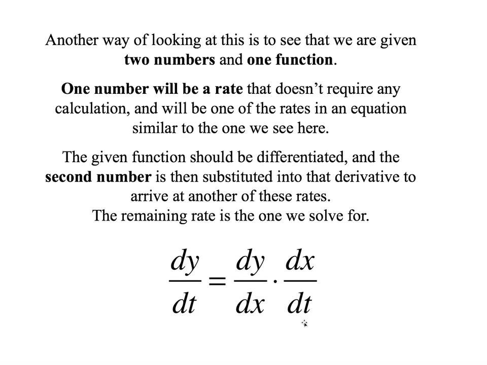So one number will be a rate, and then we will differentiate the function that we're given, and the second number then gets substituted into that derivative to calculate the other rate. So we'll have two numbers, we'll multiply together, and that will give us our answer, the rate we're seeking.